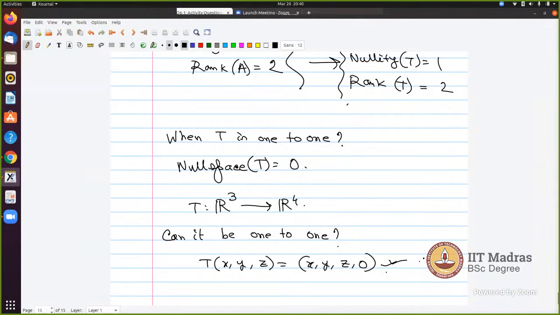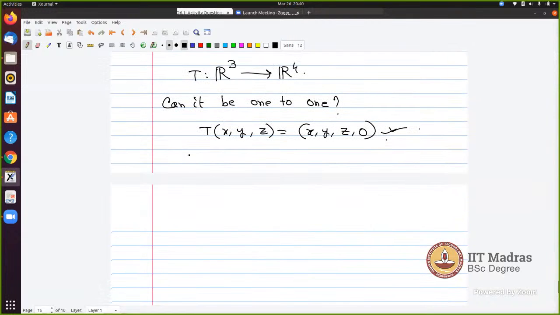What is the null space of this? Null space is 0. No, the null space of it will be (0,0,0). Oh, sorry, it will be (0,0,0). And sir, we can also say that the matrix corresponding to this linear transformation is of order 4 by 3.